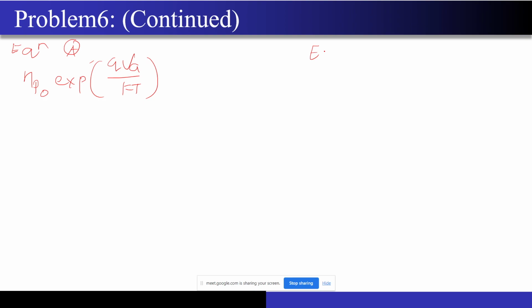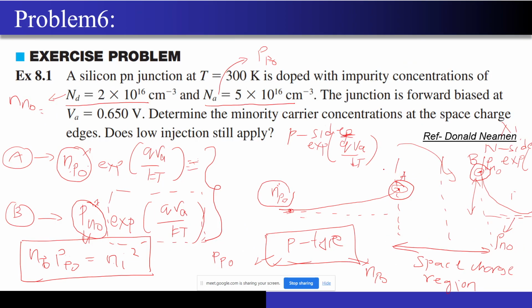Equation number B is pn naught into exponential of qVa by kT. Now this is the minority carrier concentration at this side, on the p side.